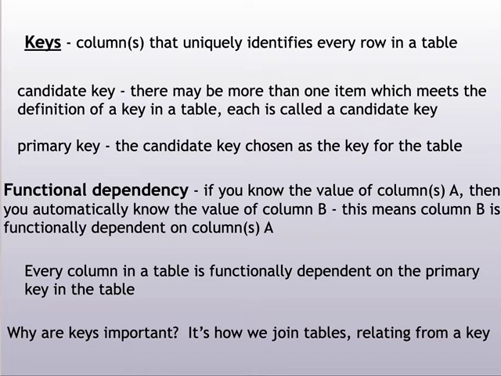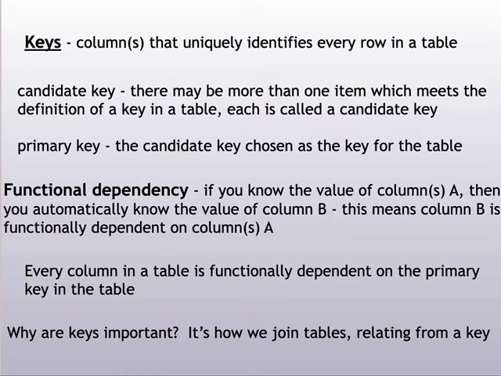And we identify then that as the primary key that we'll use to index this table, to connect this table to other tables. There's also a concept called functional dependency. It's described in the book. So it basically means if I know the value of one column, in this case the key column, I can tell you the value of every other column in that row.